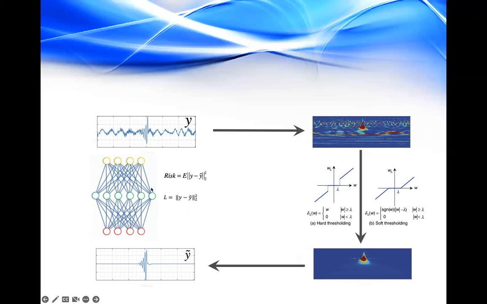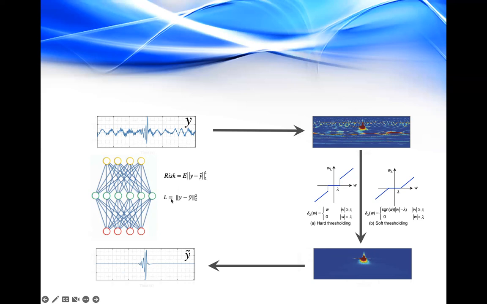Autoencoders are basically learning to copy their input, the data input to their input layer, to the output layer in a way that they reconstruct it by minimizing this similar L2 norm loss.